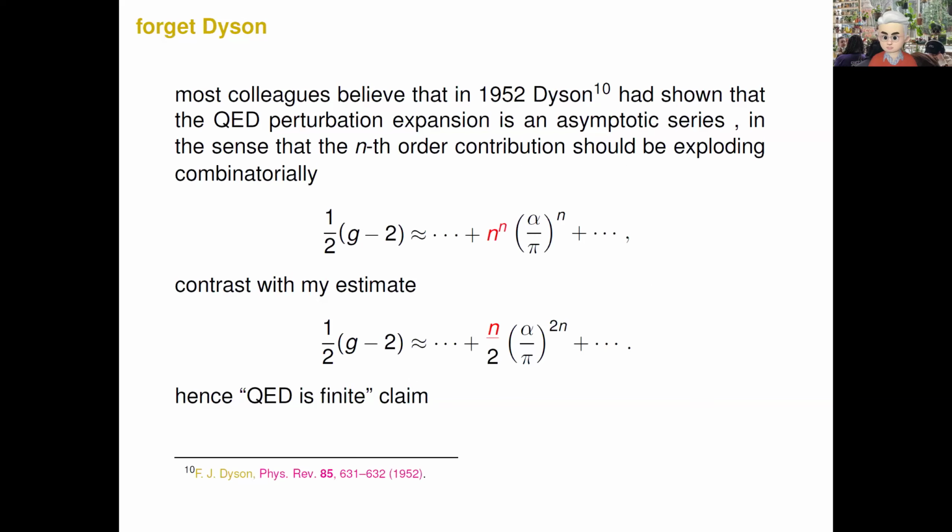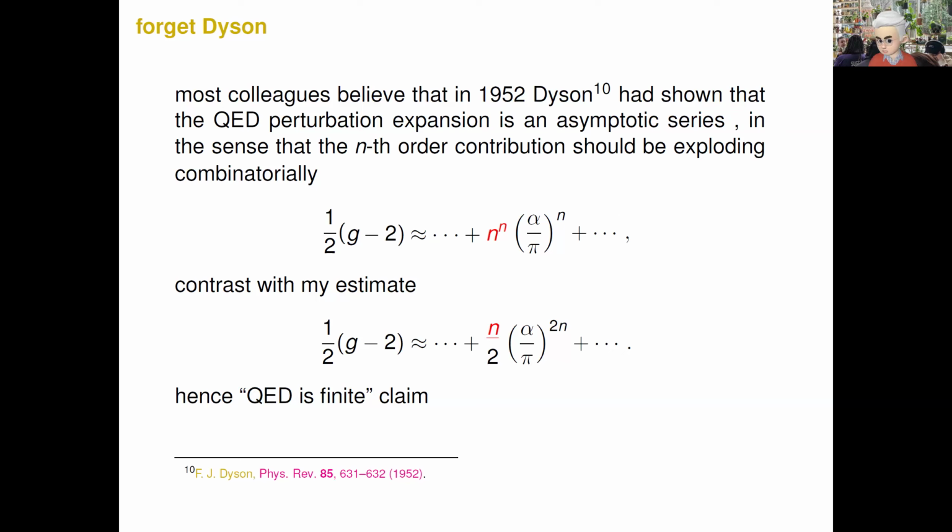Well, everybody who learns field theory is told that Dyson in 1952 showed that QED is an asymptotic series. Asymptotic series means that when you get to the nth order, the prefactor is roughly n to the n, or n combinatorial. My estimate just says it's n. It's a power. You can sum this up, right? It sums up in a pole. When you're lucky, you can do some Borel resummation, etc. This is hell. It's not good at all.